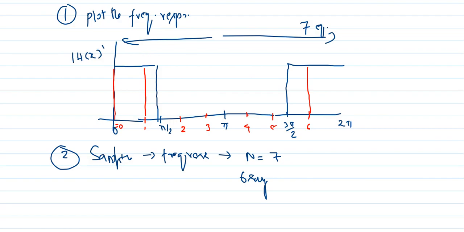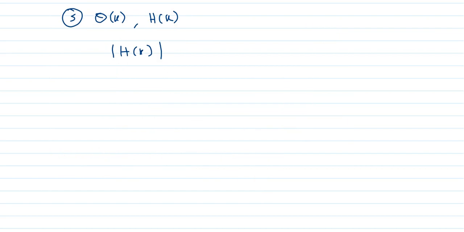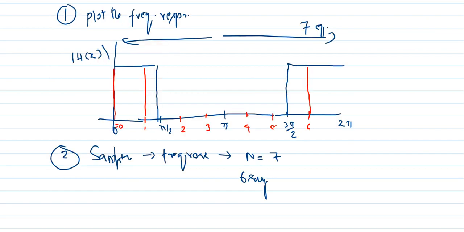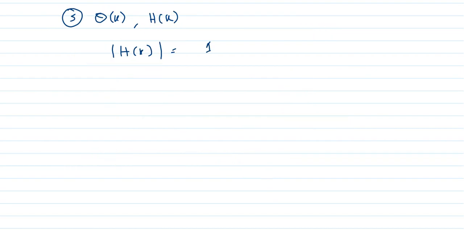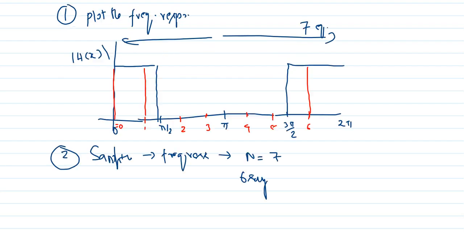So h of k is equal to 1 for k equal to 0, 1 and 6. It is equal to 0 for k equal to 2, 3, 4, 5. You can see that obviously: for 2, 3, 4, 5 it is 0, and for 0, 1, 6 it is 1.